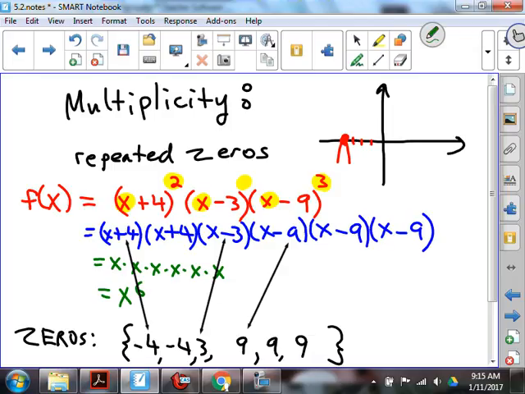Let's go to the other point, the 3. 1, 2, 3. How's the graph going to behave there? Like a line. How's the graph going to behave when we get to 4, 5, 6, 7, 8, 9? Like a third-degree polynomial. So let's look at a third-degree polynomial and see how they behave, and then let's graph this and see if this all makes sense.